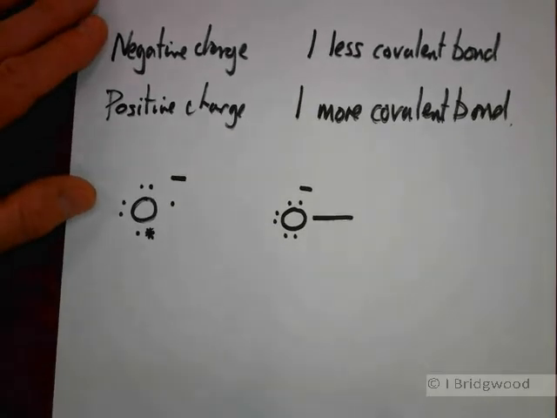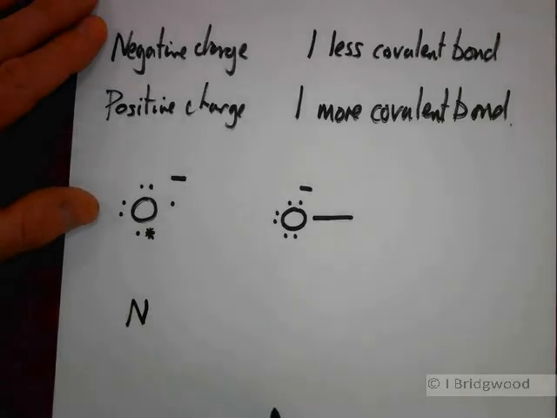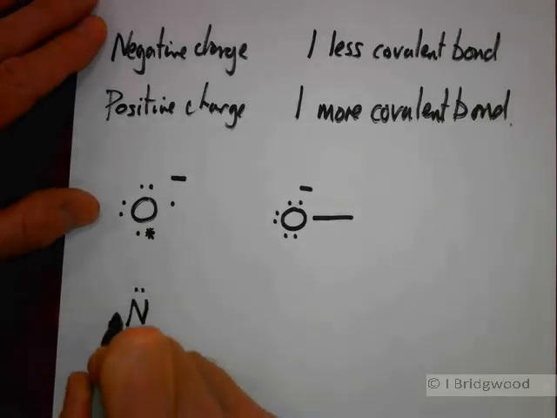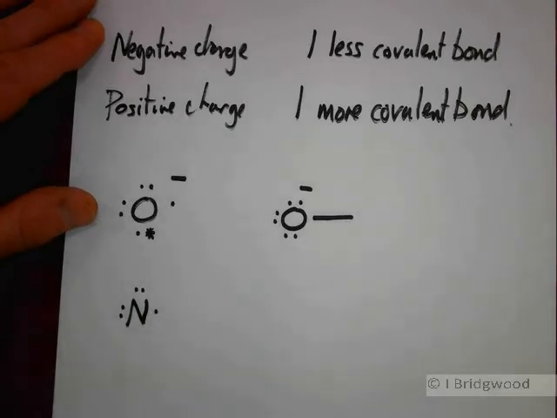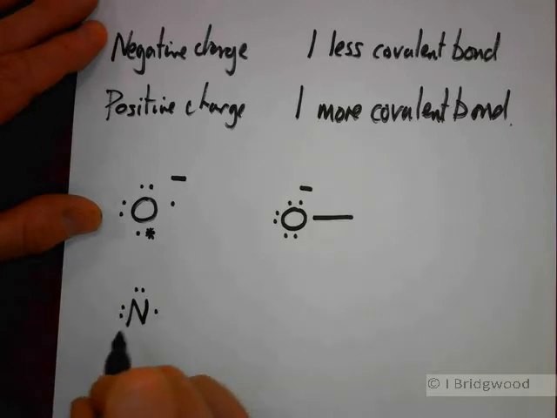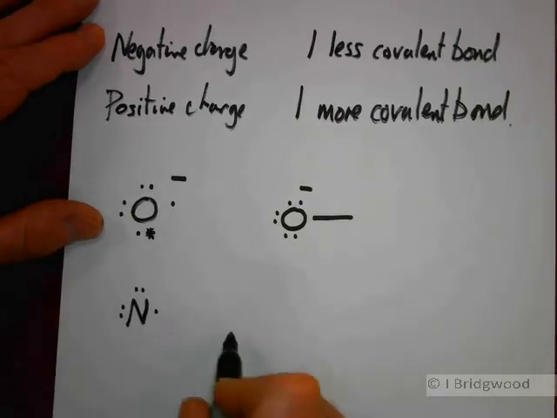On the other hand, we have a positive charge. Let's take nitrogen for example. Now nitrogen has 1, 2, 3, 4, 5 electrons in its outermost shell. I've done that a little bit wrong. I should have put one around there, but let's lose an electron. Let's lose one of those electrons, shall we? So we have 5 electrons there.